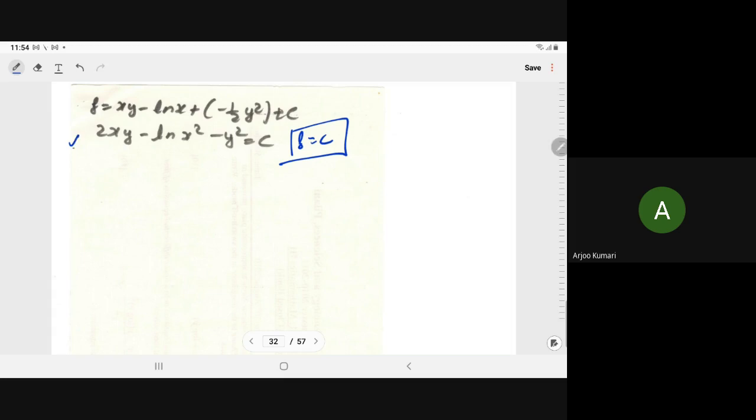That is your solution. So in this way, you do not have to struggle for the integrating factor by inspection. Just by a few algebraic calculations, you can determine your integrating factor easily and convert your non-exact equation into an exact equation easily.